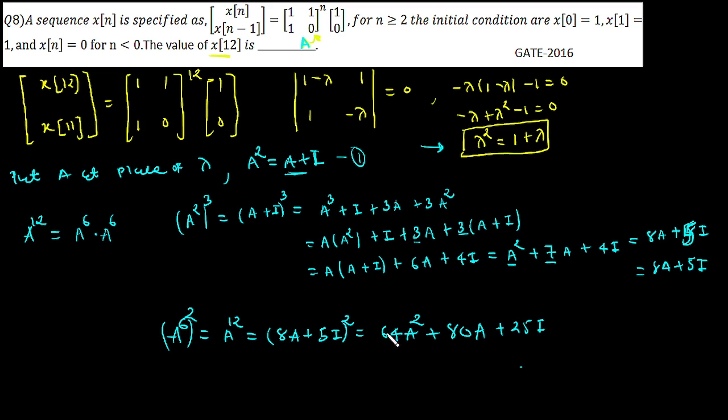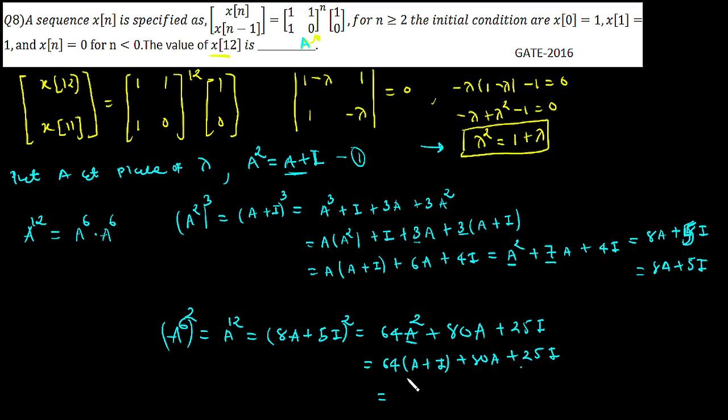Okay, now again replace this A square with this equation, so we are getting 64A plus I plus 80A plus 25I.